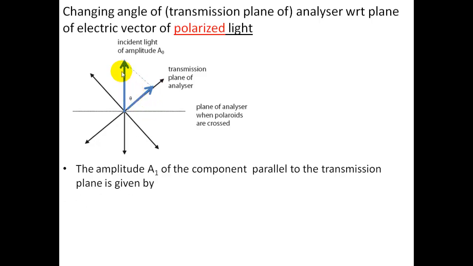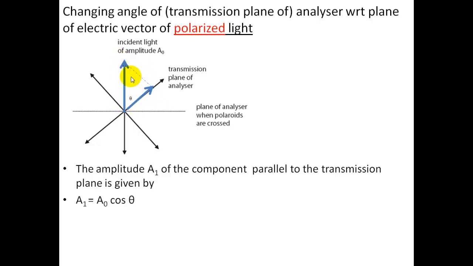So the amplitude A1 of the component parallel to the transmission plane is given by A1 equals A0 times cosine of theta. Okay, so this is A1, the amount that's transferred through the analyzer. That's the incident ray, which has an amplitude A0.